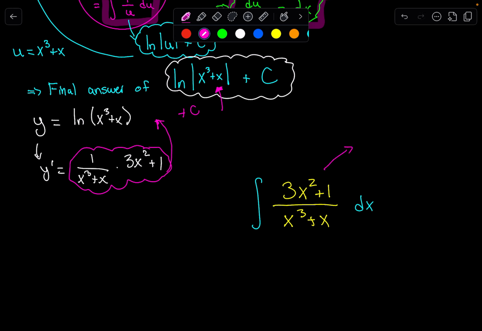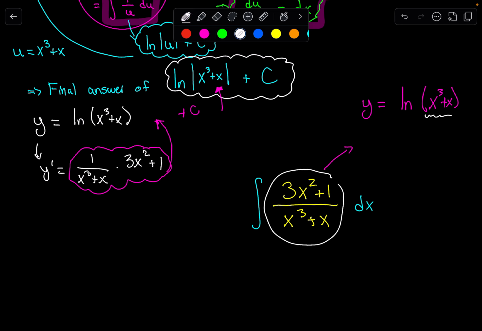But when we solve it and we realize, oh, wait, the original function that this came from is the natural log of x cubed plus x, we have to say, well, wait a second, we can't have negative numbers in here.